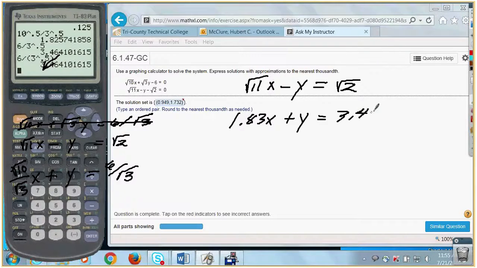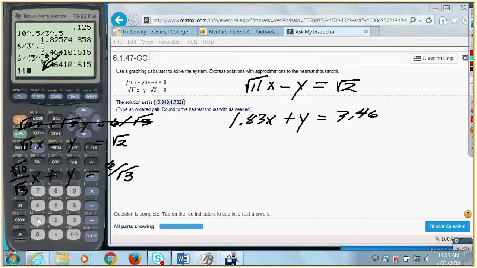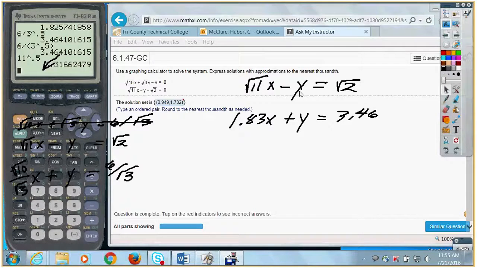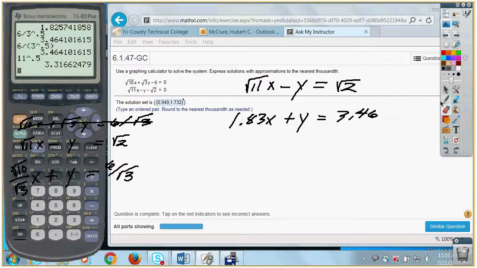And then change these, the square root of 11. 11 raised to the 0.5 power. 3.32. So I'm going to change this to 3.32.